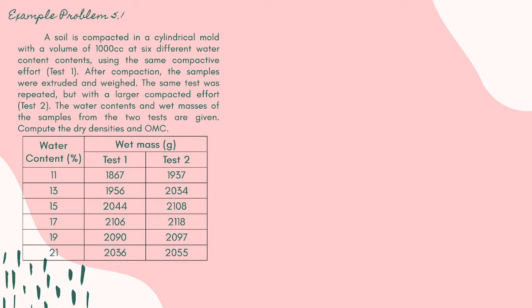So for the first problem, it says that a soil is compacted in a cylindrical mold with a volume of 1,000 cubic centimeters at 6 different water contents, using the same compactive effort. That is test 1.